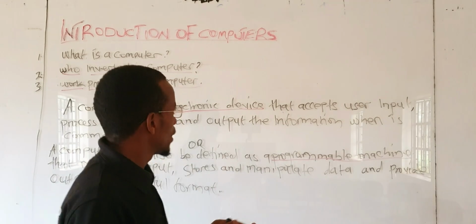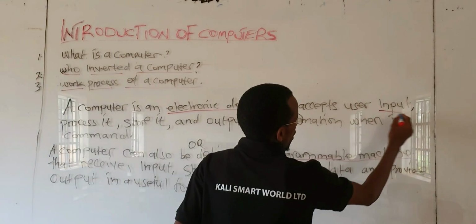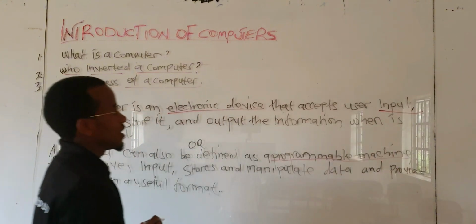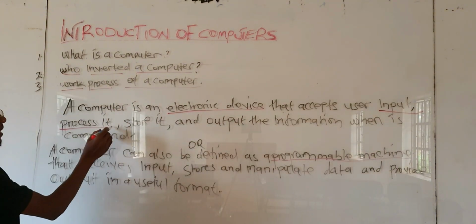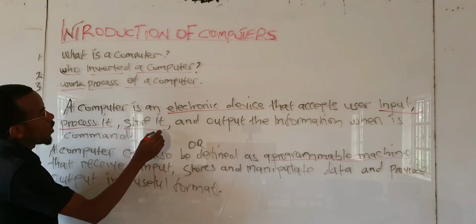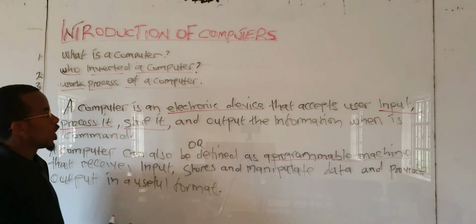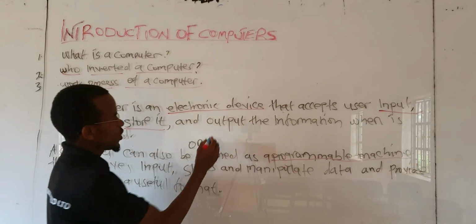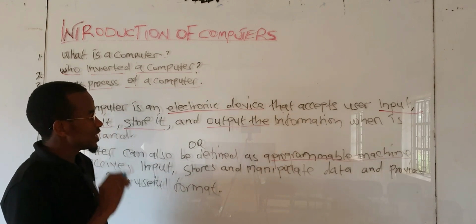Here again we have input. You input information. Then after inputting, you process it. Then after processing, you store it. Then after storing your information, then you output. You output your information.